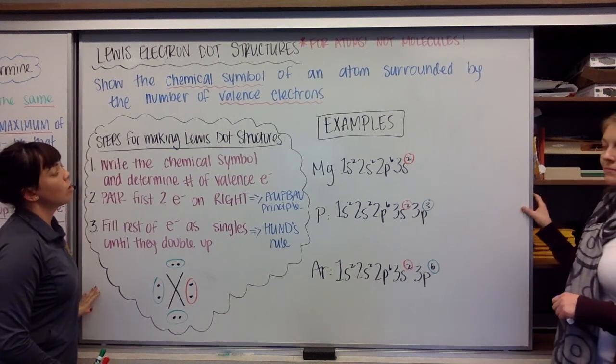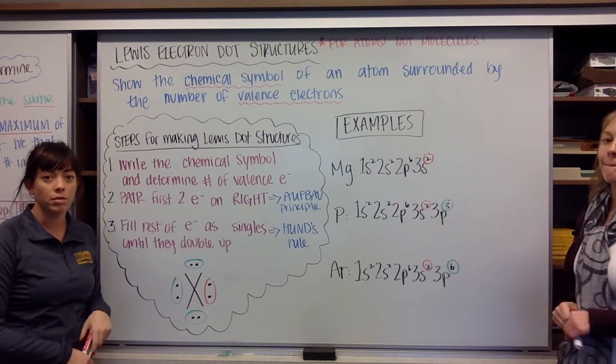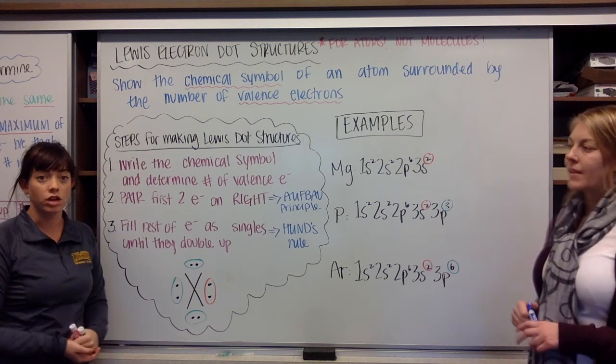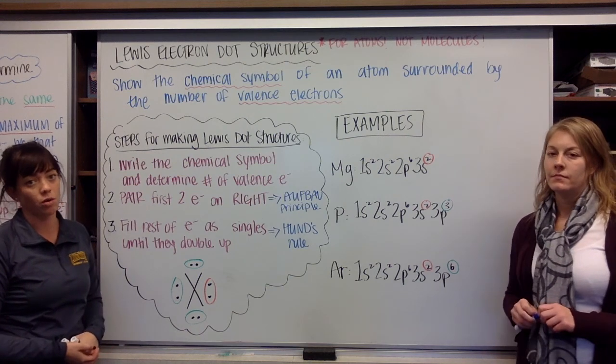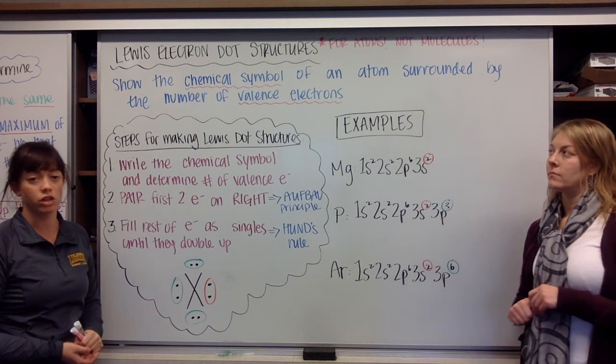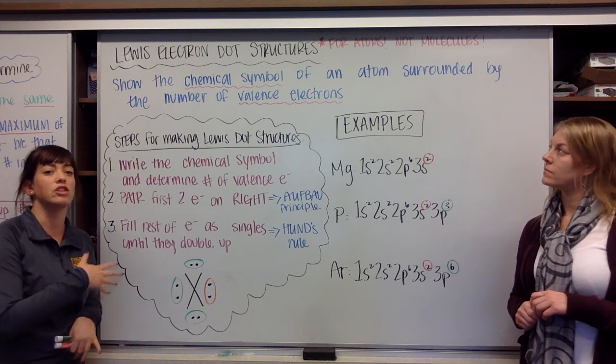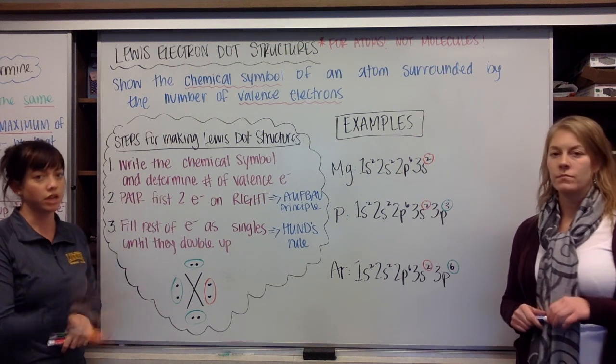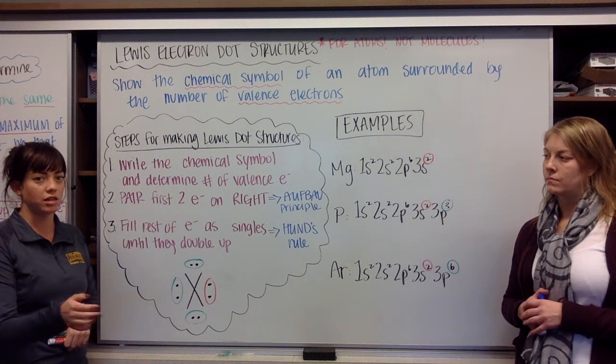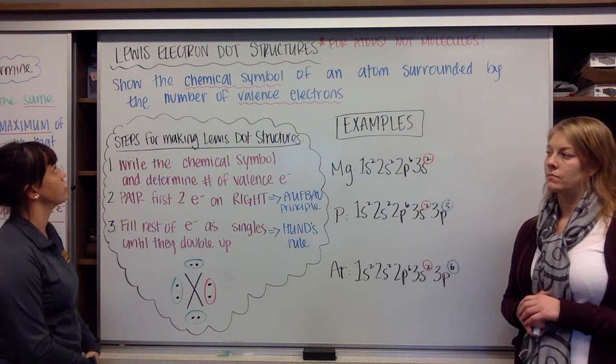Okay. So one of the reasons why we care about valence electrons is because we use them to draw what we call Lewis electron dot structures, and those help lead into chemical bonding, which is the next unit that we start at the end of the semester and then continue with next year.